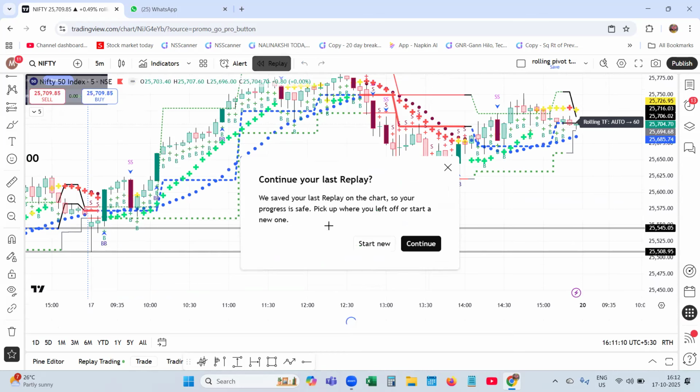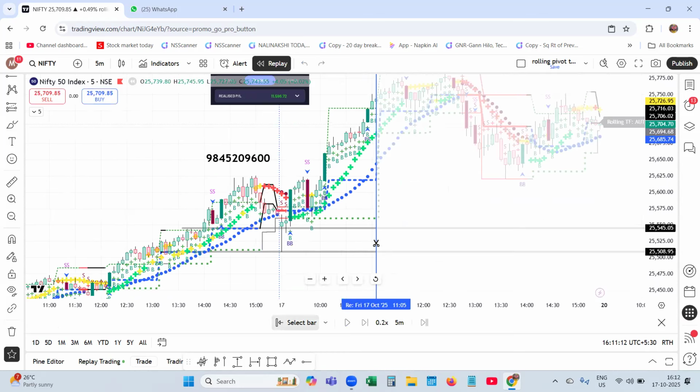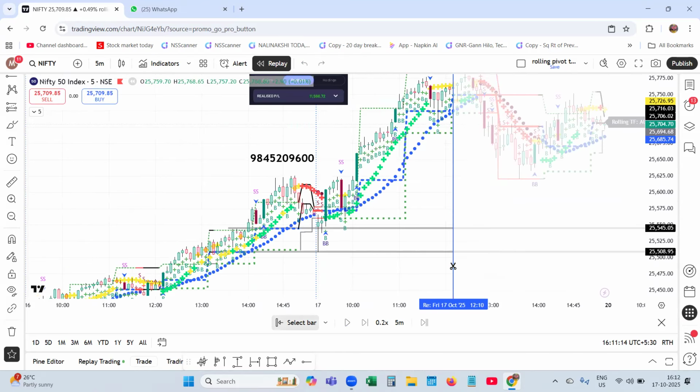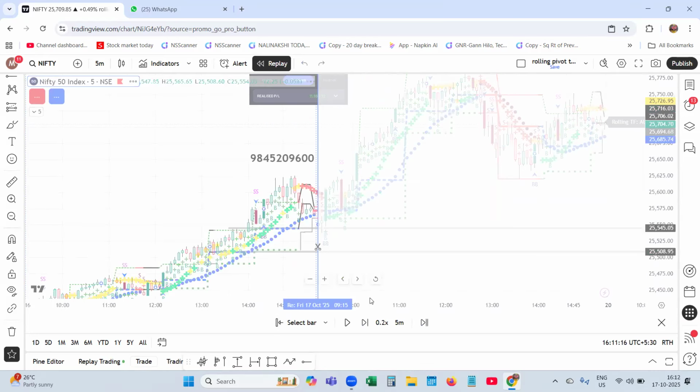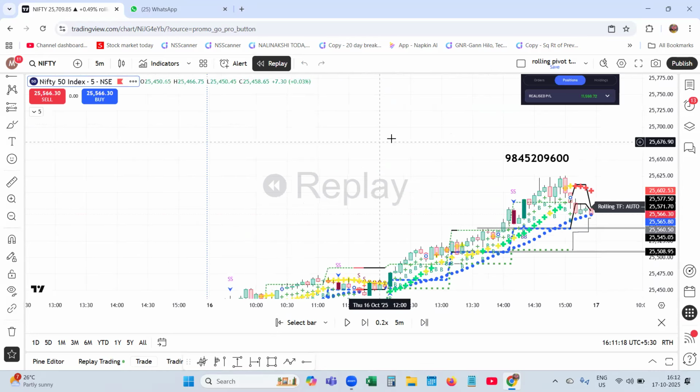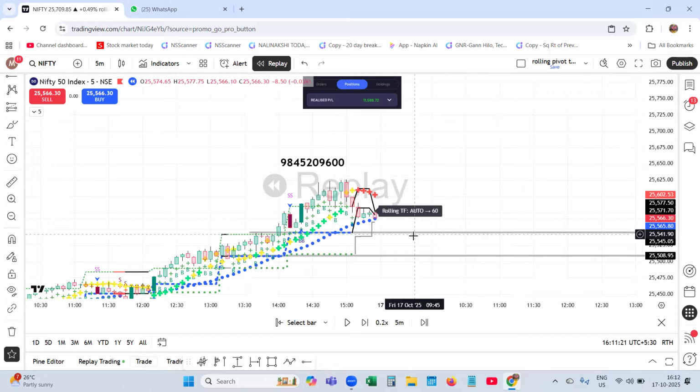Let me start new, from the back. I'm already set for today's trade, marking down the supports. Why? Because the previous day the market came down while closing and closed in the red.